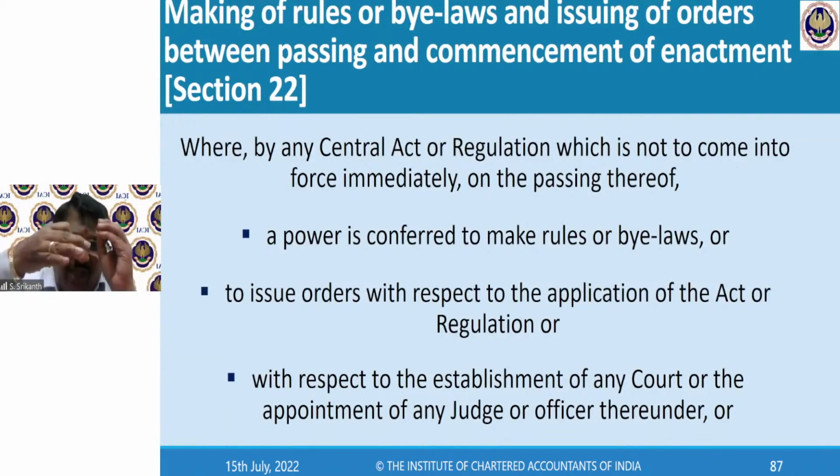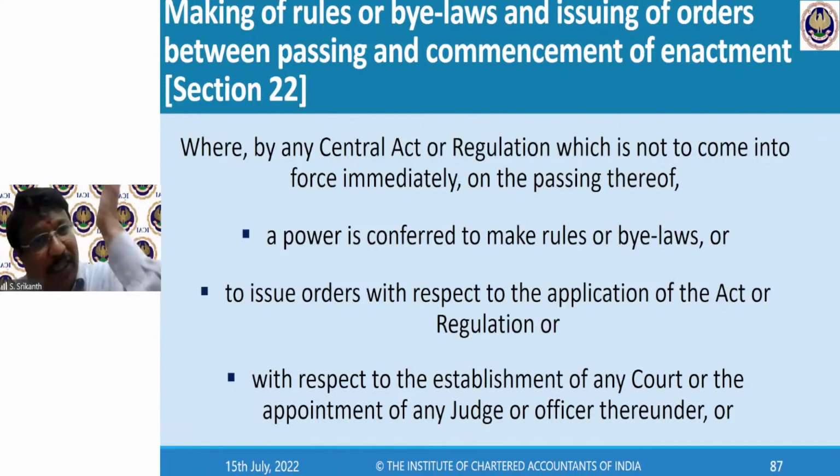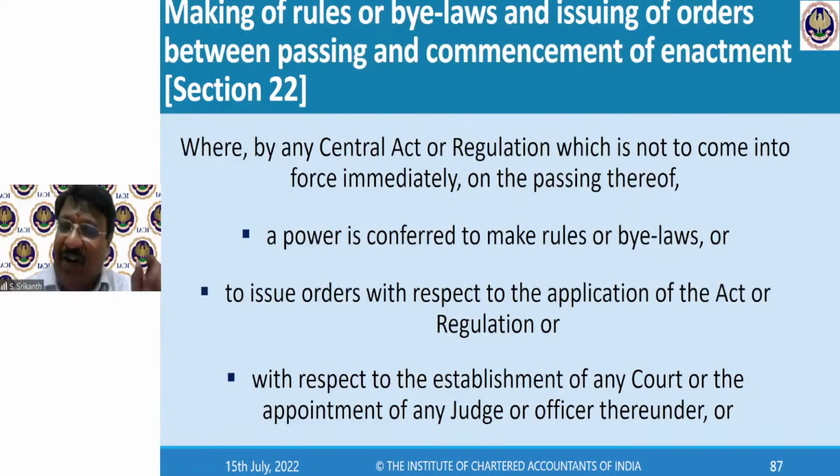Sir, this is a beautiful example of the Companies Act. The Companies Act was passed in 2013. It was published in the official gazette, but the effective date was not notified. Sections were notified from time to time. Rules were also made.